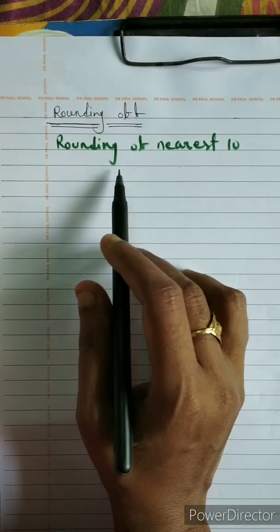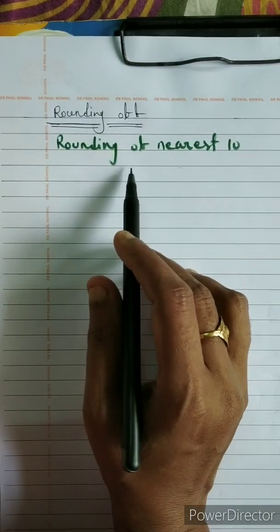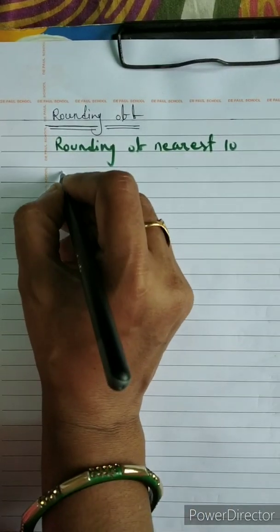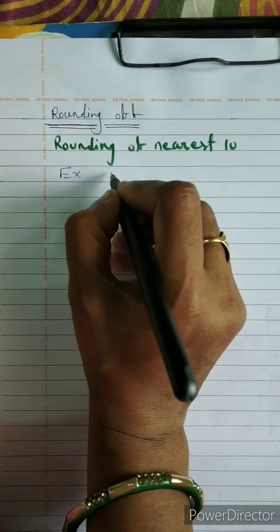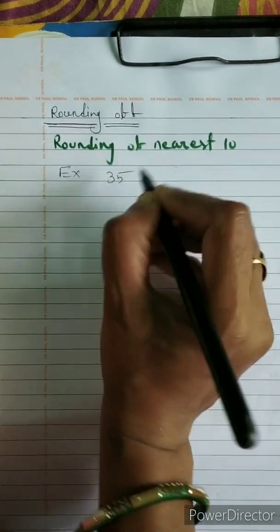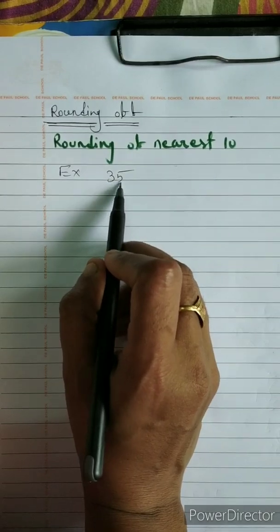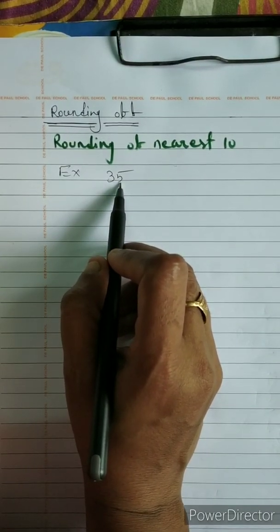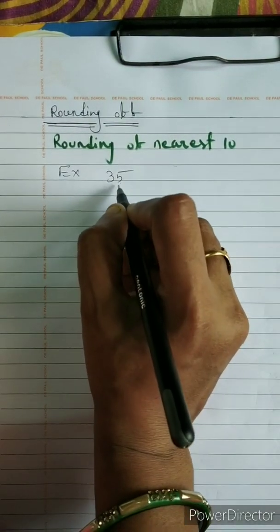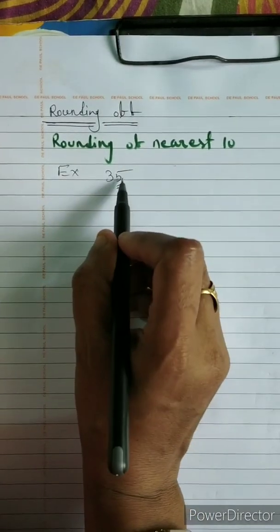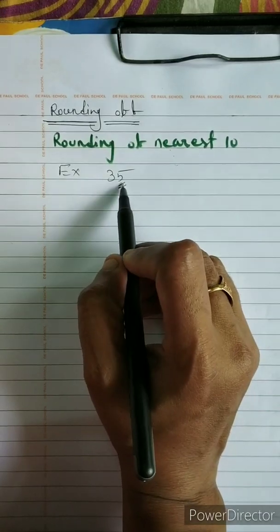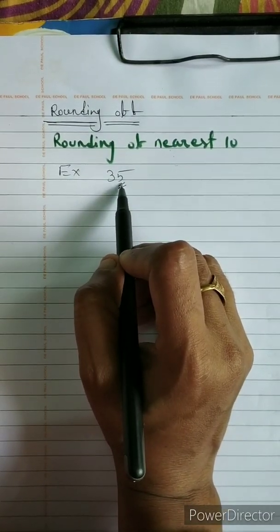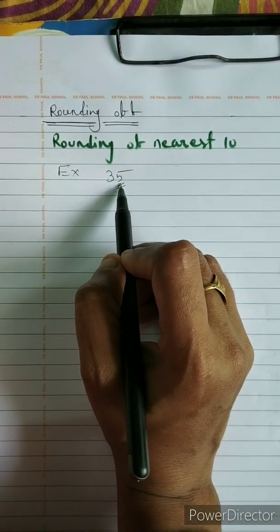I will take one example and explain. Suppose I write here 35. So 35 rounded off to the nearest 10 means, children, you see the ones place digit. Always remember, rounding off to the nearest 10 means we compare the ones place digit with 5. There are two cases.